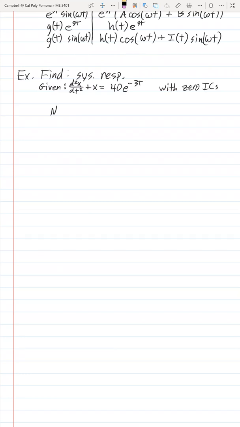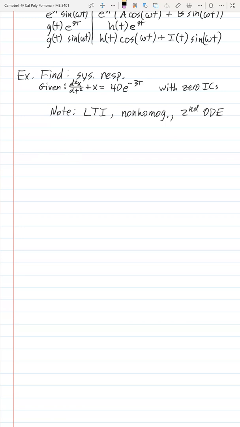Clearly, this is, of course, an LTI because the coefficients are constant and the differential equation is obviously linear. Non-homogeneous. Second order ODE. And because we're LTI, again, we have constant coefficients.